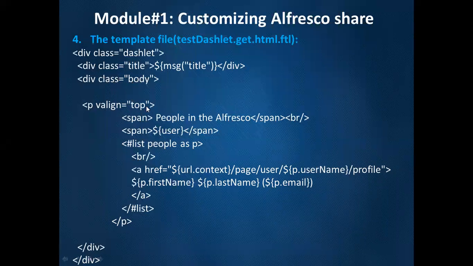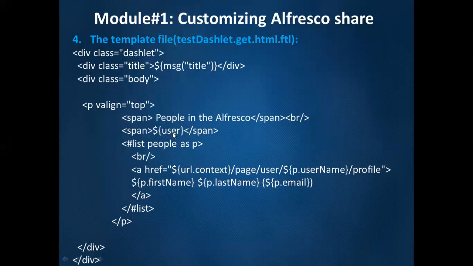We are going to be inside this tag, and inside the span we will display a message in our dashlet. This message will be people in Alfresco, which means we are retrieving people from Alfresco. Inside this message we will display the dollar user value, the value of this user.